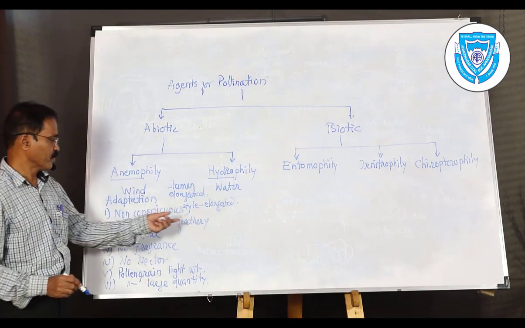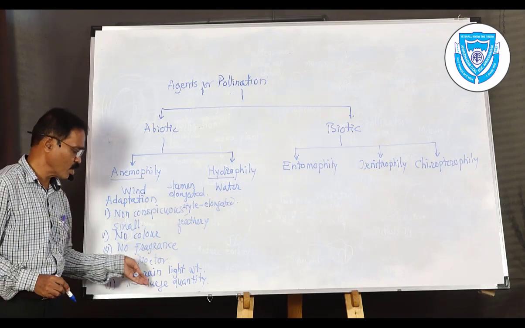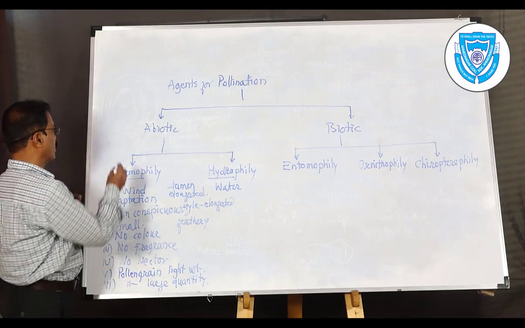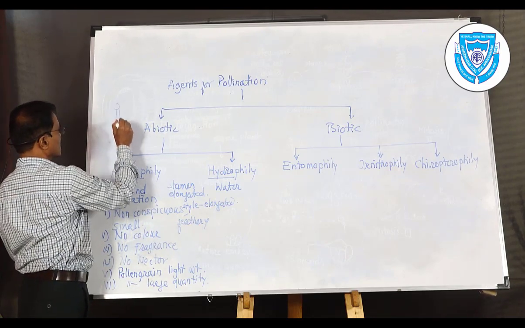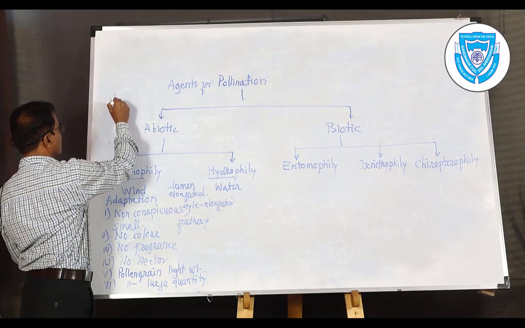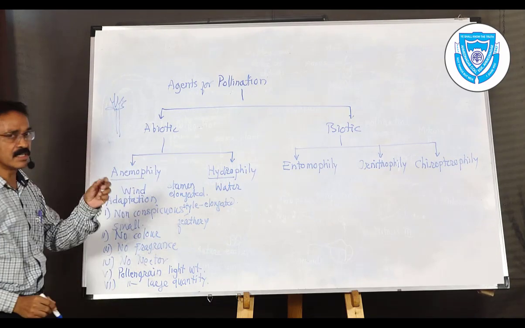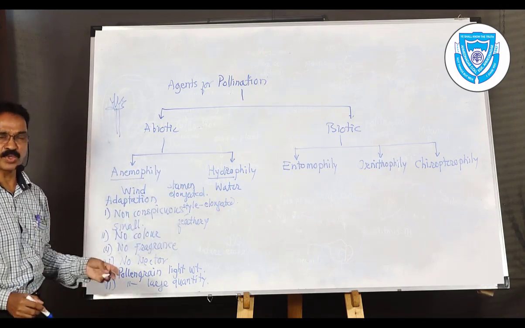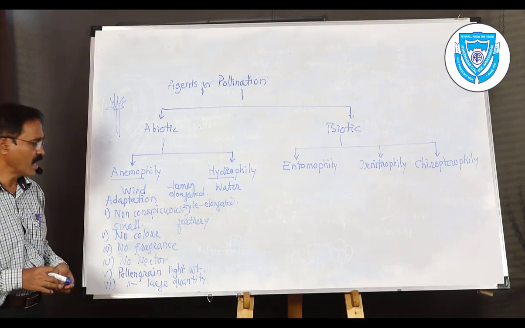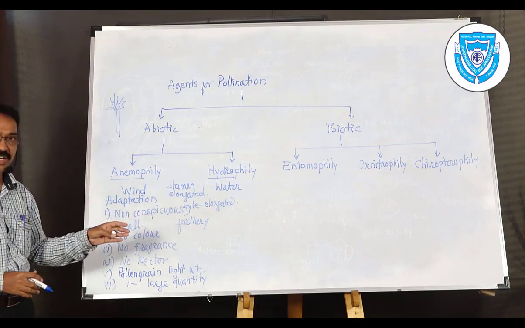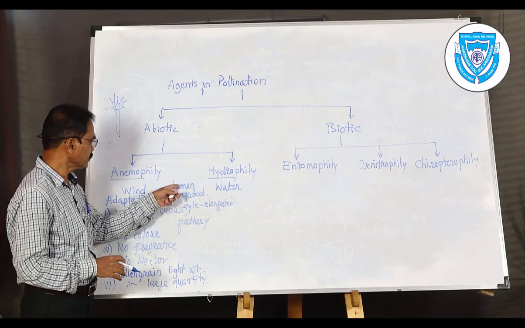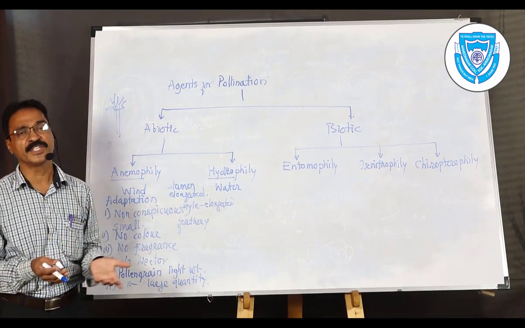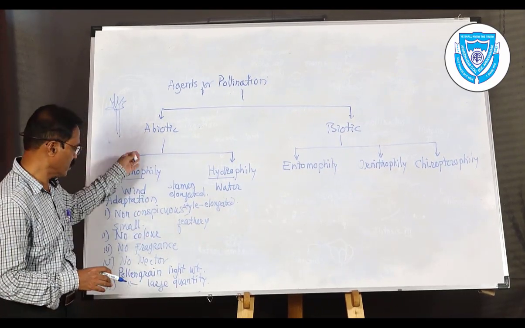That means the pollen grains carried along with the wind current can easily get trapped in the feathery structures of the stigma, so the chances of pollination are increased. These conditions are very essential for anemophily. When flowers have such adaptations, wind pollination is very easily possible.